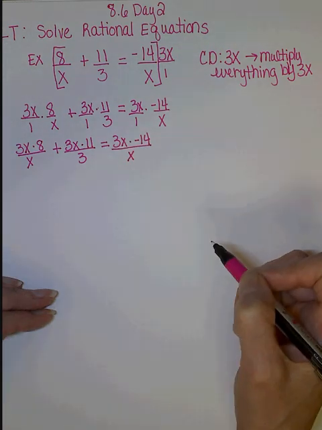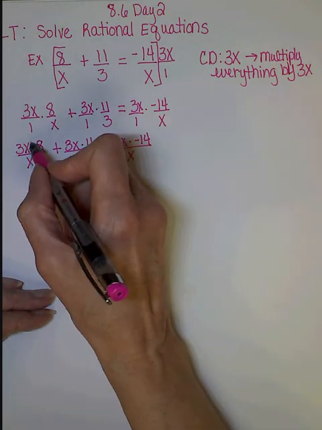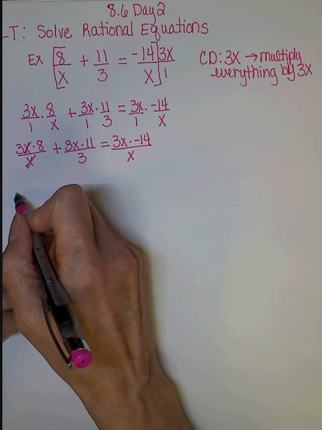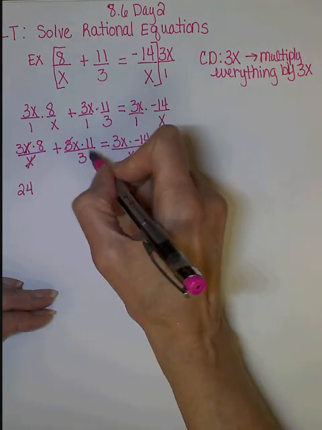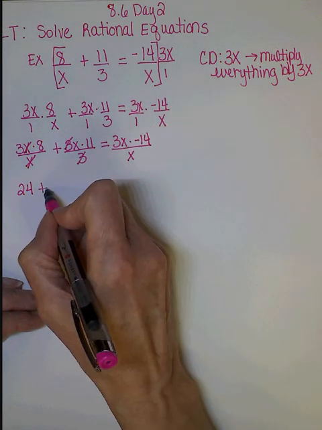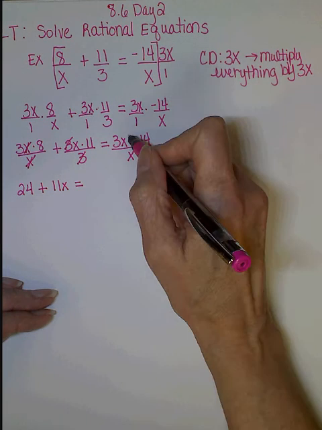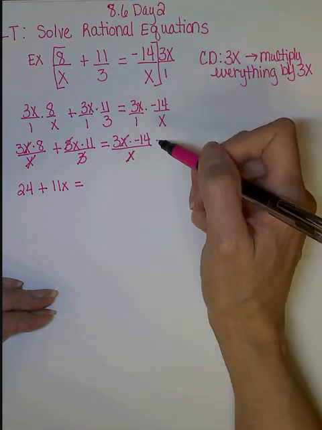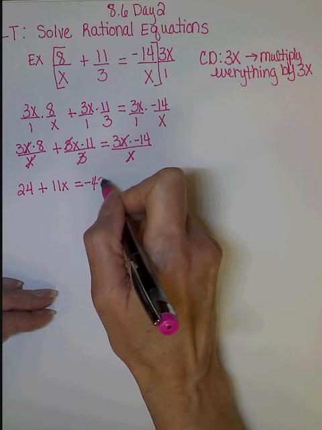Okay, now what we want to do is reduce anything that we can. So x over x is just 1, so I can reduce that and I'll just get 24. Okay, 3 over 3 is 1, so I'll get plus 11x. And then I've got another x over x, and 3 times negative 14 is negative 42.